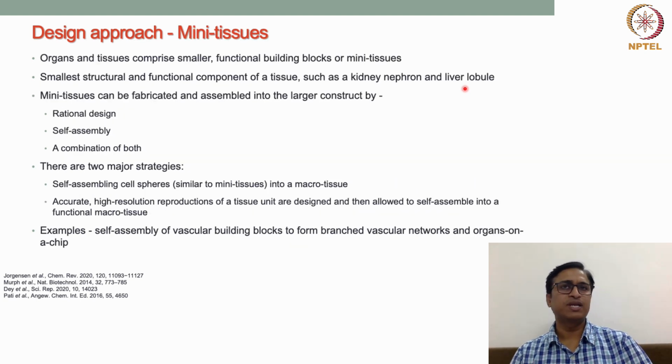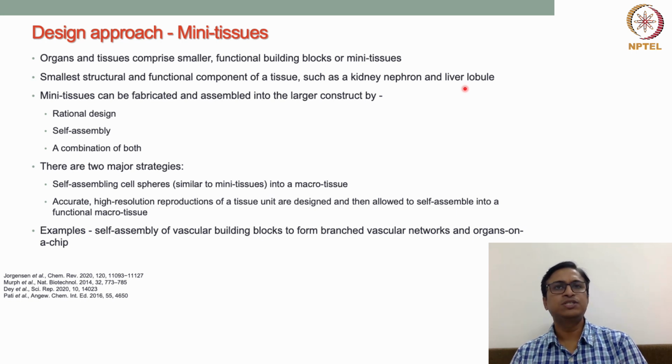The next thing is typically the mini tissues, where researchers are trying to develop or print smaller functional building blocks of that particular tissue. So that is called mini tissues, right?